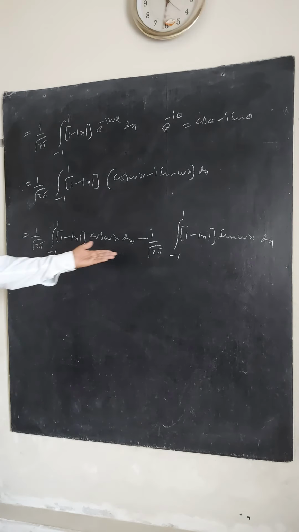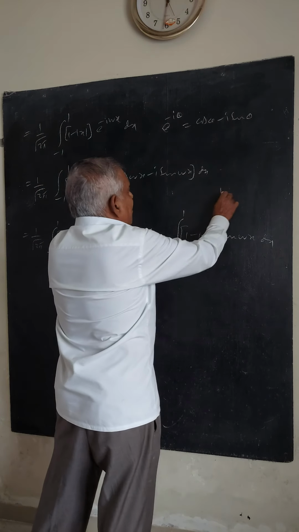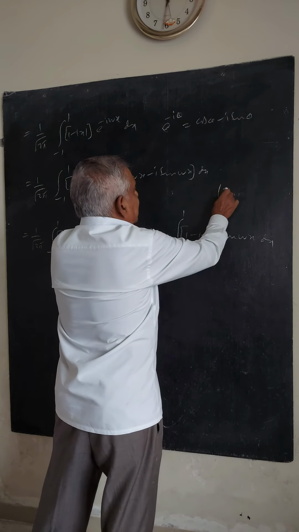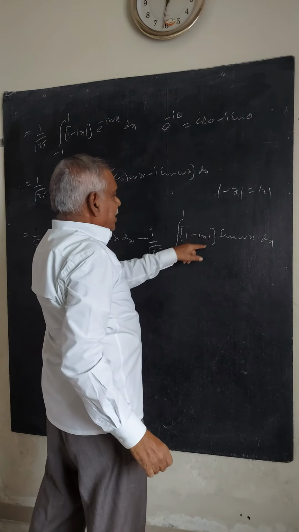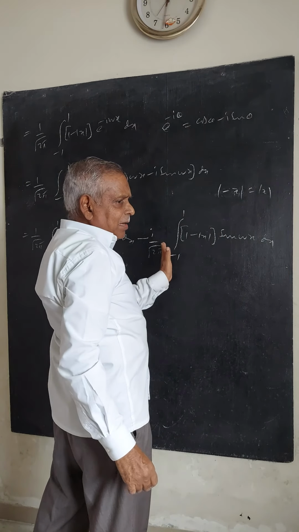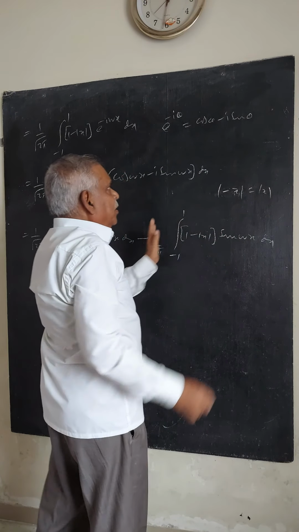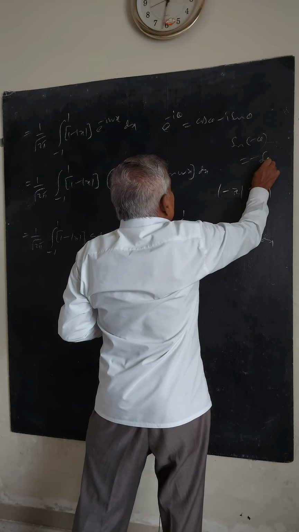See, the second integral is an odd function. What will the negative give me? Modulus of minus x equals modulus of x. It won't give negative. Sin will give negative. Sin minus theta equals minus sin theta.